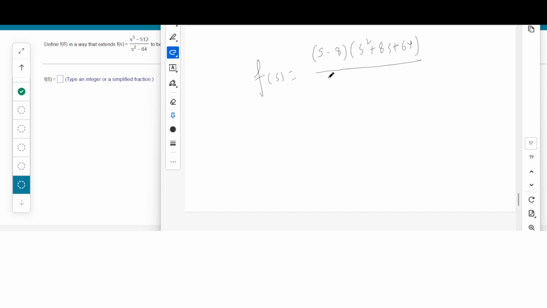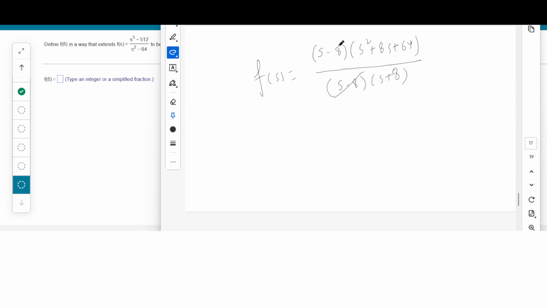And on the bottom part, because it's s squared minus 64, the factors are s minus 8 and s plus 8. One more time, if you need some time to understand this factoring, pause the video and check how to factor this type of polynomial.